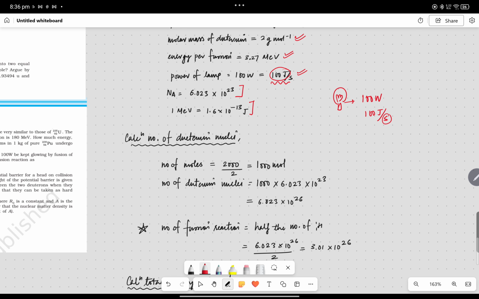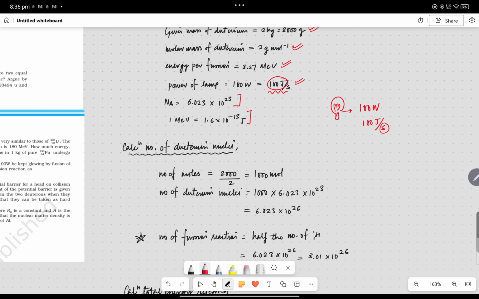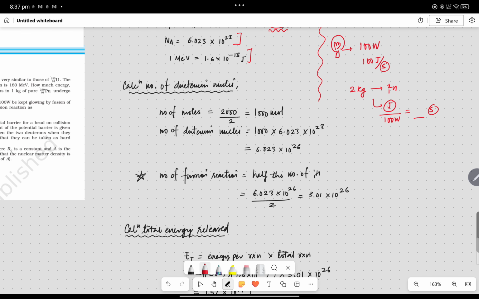So if we are able to calculate how much energy we can generate from the deuterium, in joules, and if we divide that by this power, that is 100 watt, we are going to get the time in seconds. So this is the basic thing that we are going to do in this whole solution.